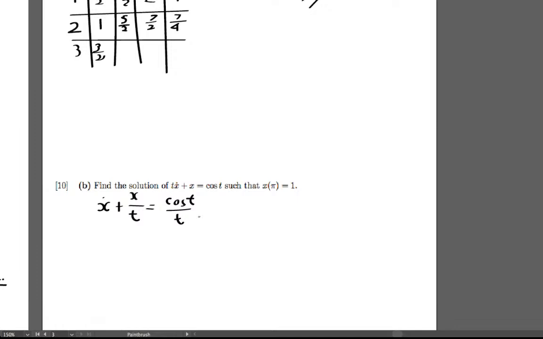So in fact, what I can do is figure out what this thing is. This would be e to the power of it.